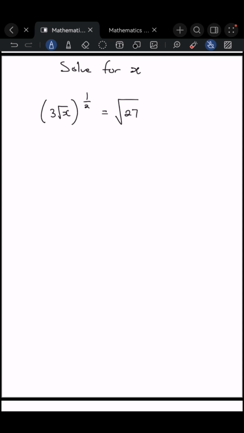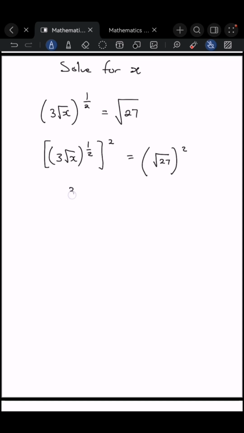So for x, the cube root of x, all raised to 1 over 2, is equal to 27. Okay, in this case we're going to square both sides. The cube root of x raised to the power of 1 over 2, squared, is equal to the square root of 27, squared.